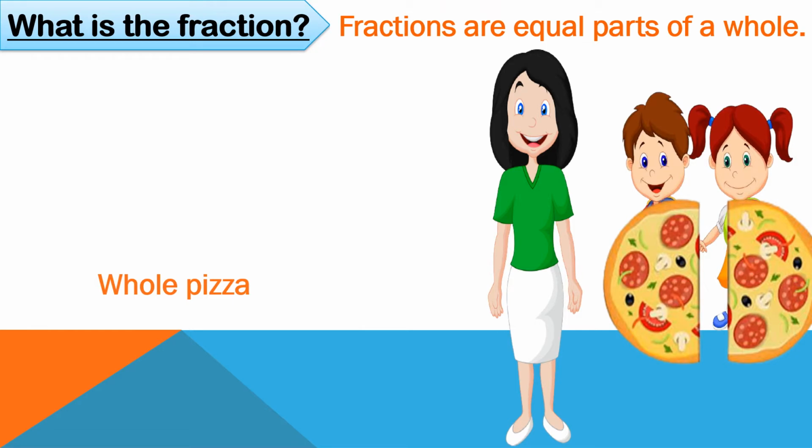So fractions are equal parts of a whole. What we did now is called a fraction. So fractions are equal parts, like our equal parts of pizza, equal parts of a whole.